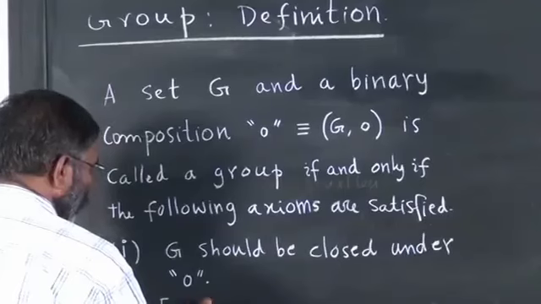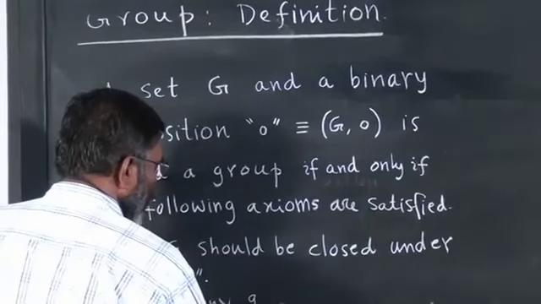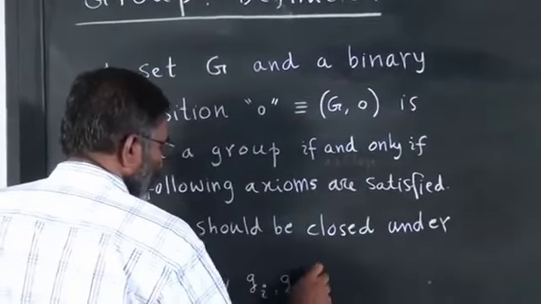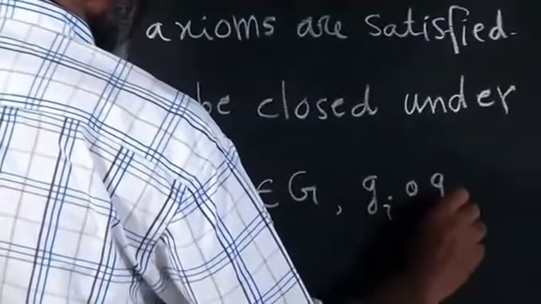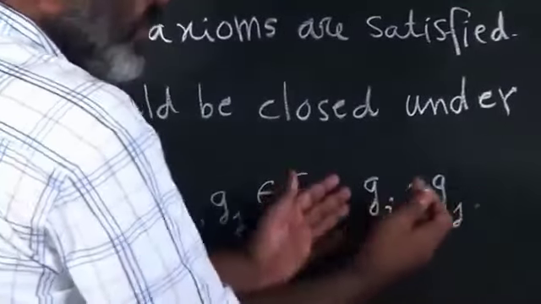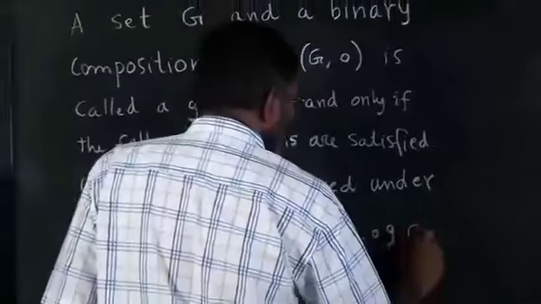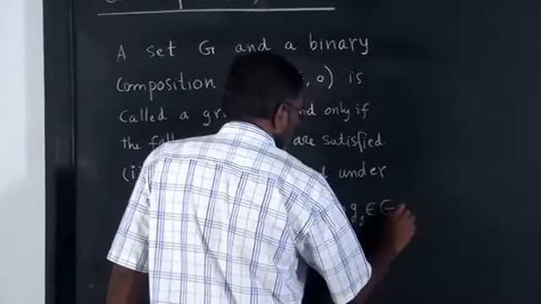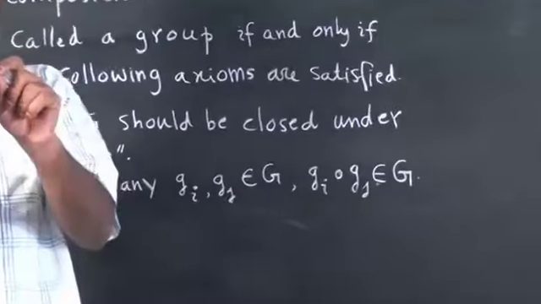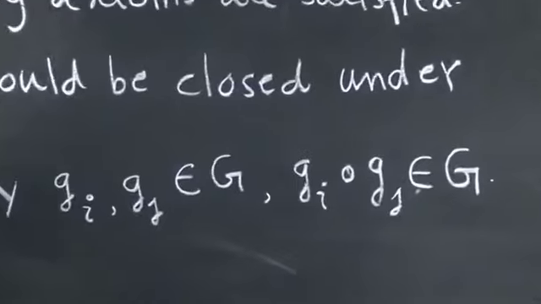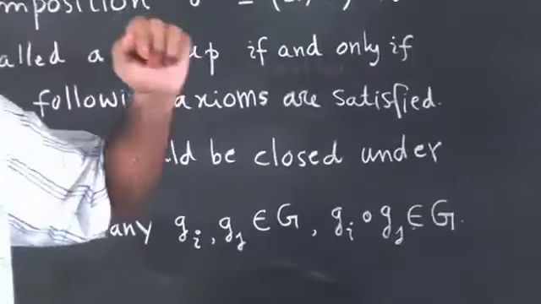For any two elements Gi, Gj belonging to G, Gi composed with Gj, the binary composition, that is a rule by which we can compose two elements of the group, the result of this composition should also be in G. It means you take any two elements of the group, you compose them, and you cannot generate an element which is outside G. The result of the composition of every two elements will belong to the same set.